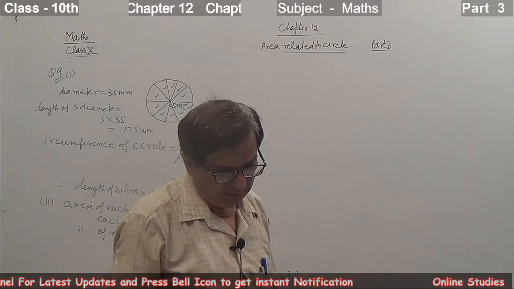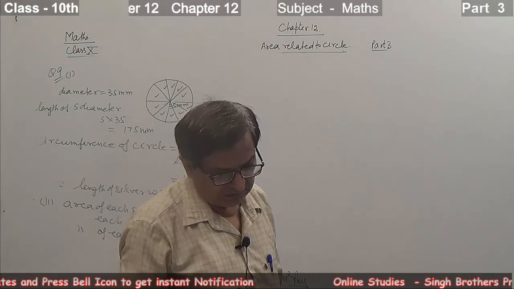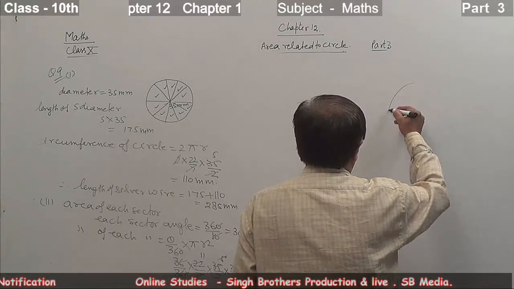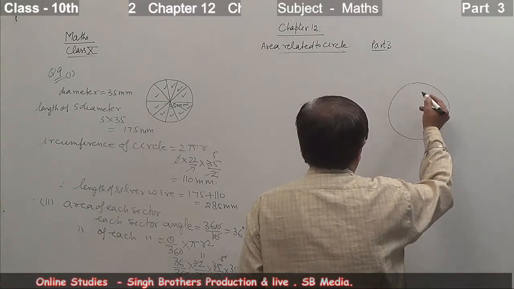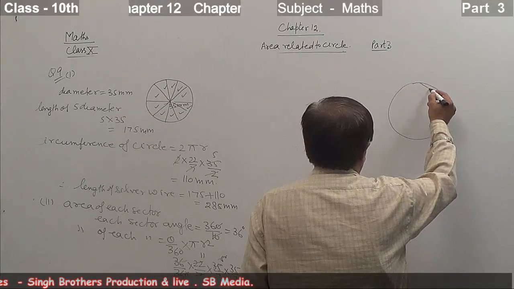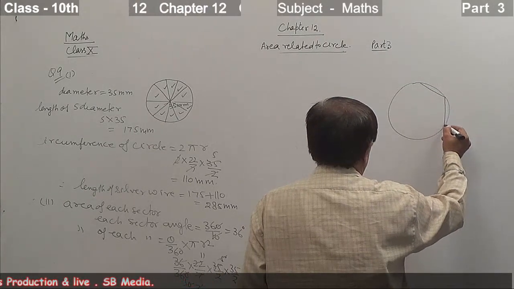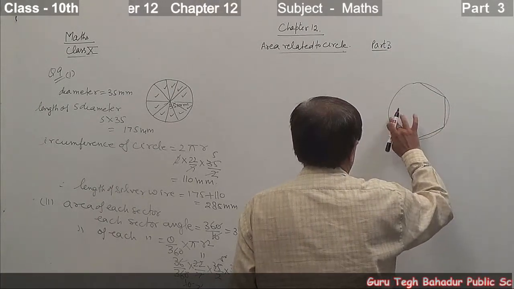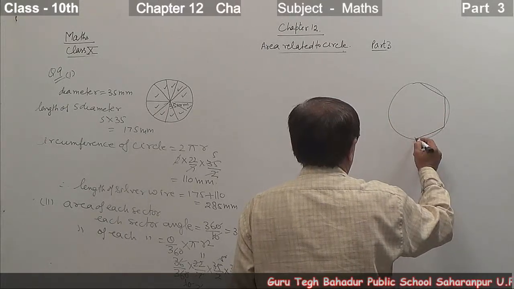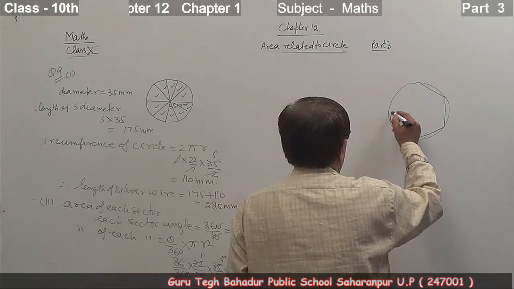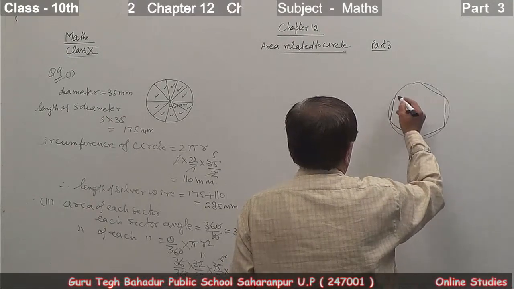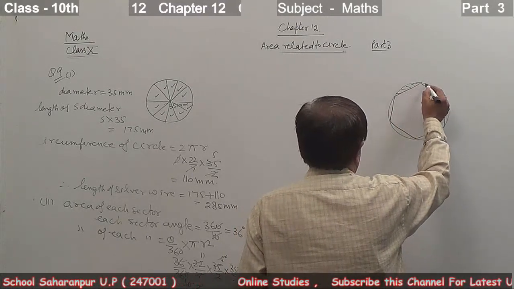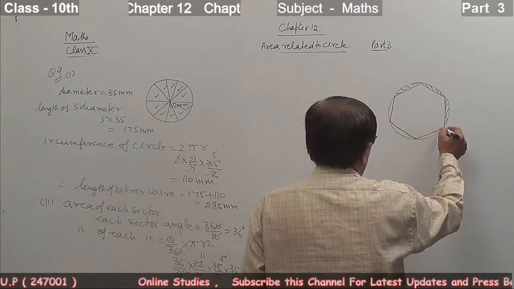A round table cover with 6 equal designs as shown in the figure. This is the figure. There are 6 designs. You have to calculate the area of this shaded part.